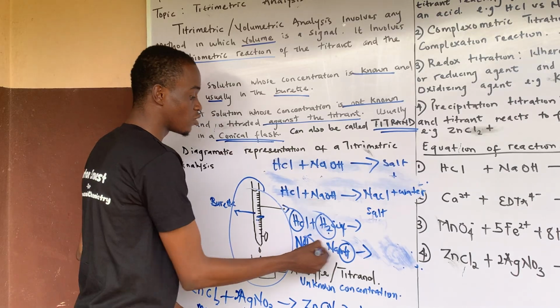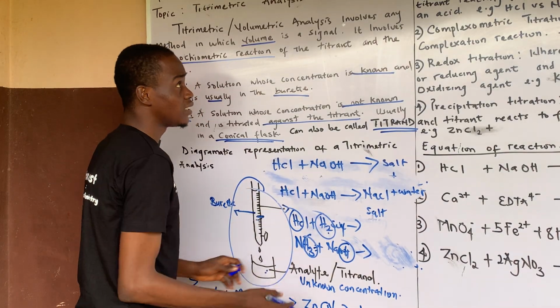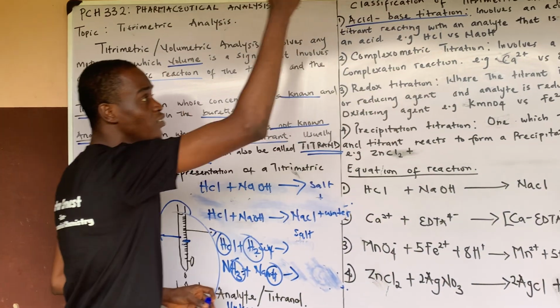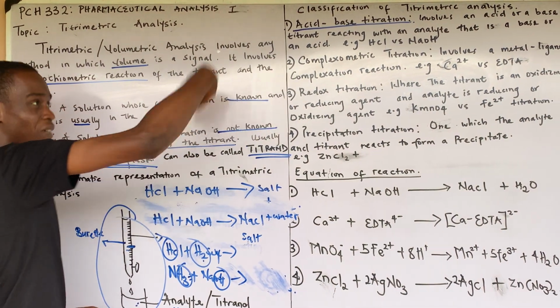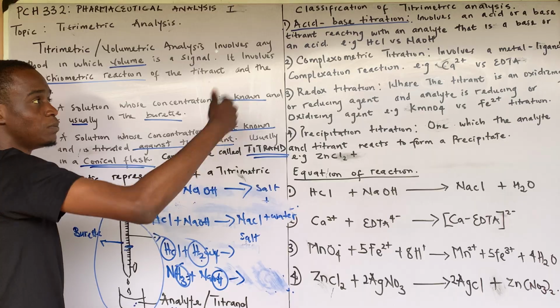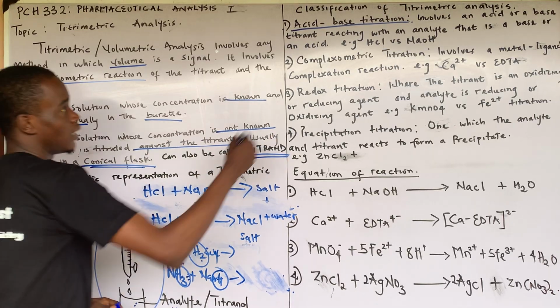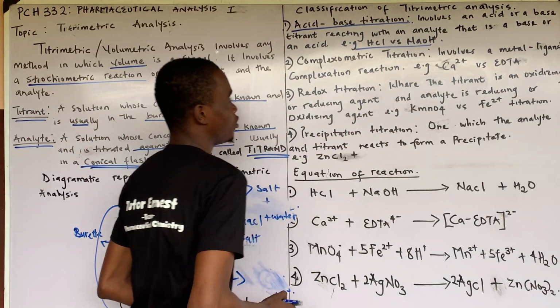These two can't react to give anything. So definitely, in an acid-base titration, an acid or a base, that is a titrant, reacts with an analyte that is a base or an acid. So acid-base or base-acid. I gave you an example here, HCl and NaOH.